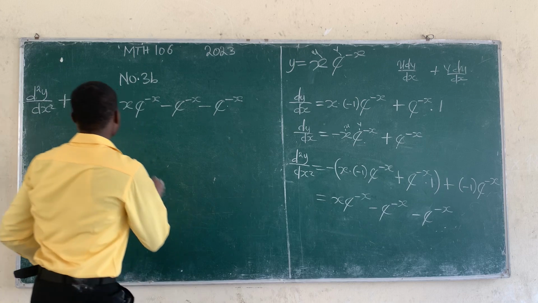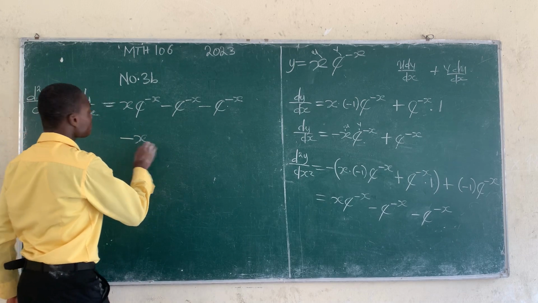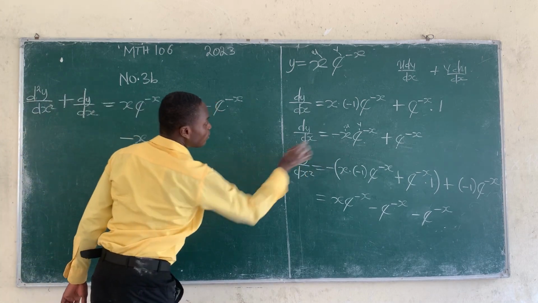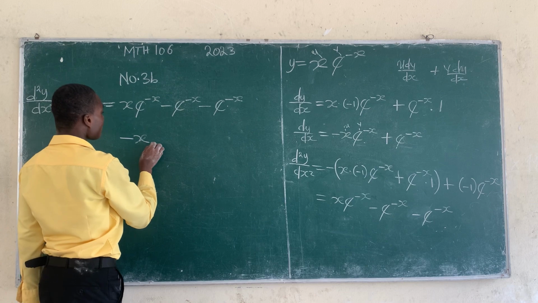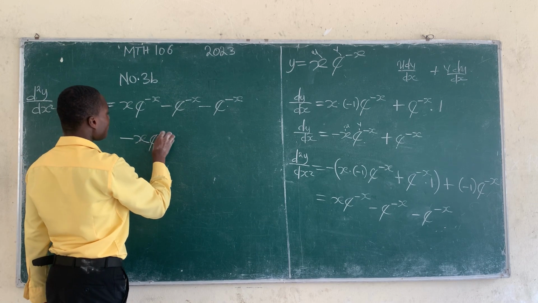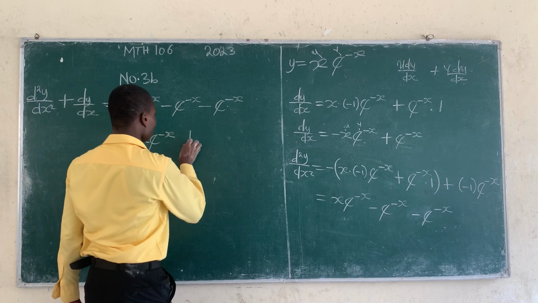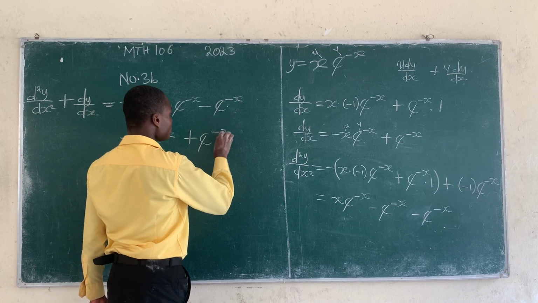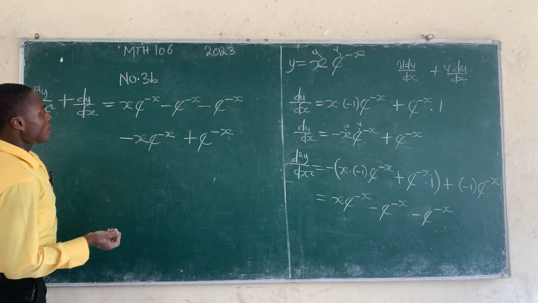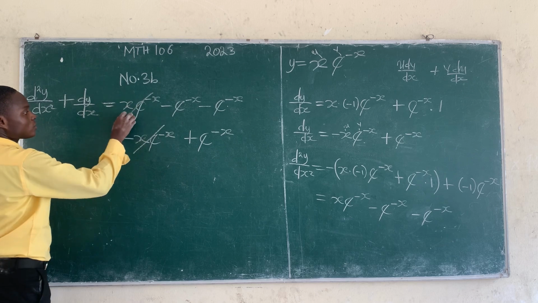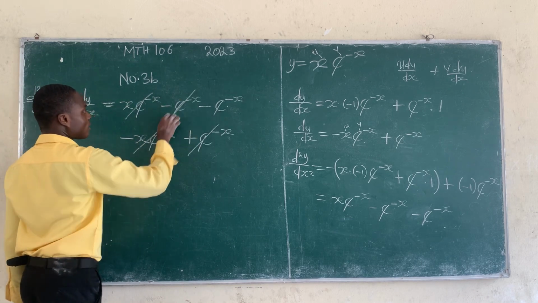Then the next one we have is, for dy dx, minus x exponential minus x. Then the next one is plus exponential minus x. So let's cancel out this, we cancel this, and this, we cancel this.